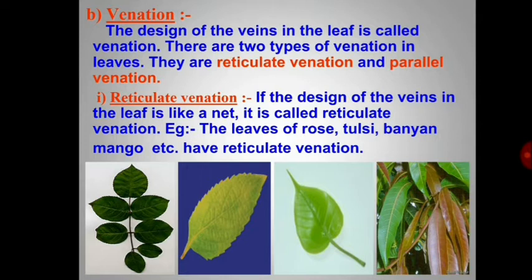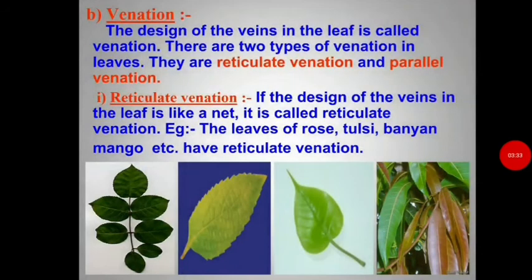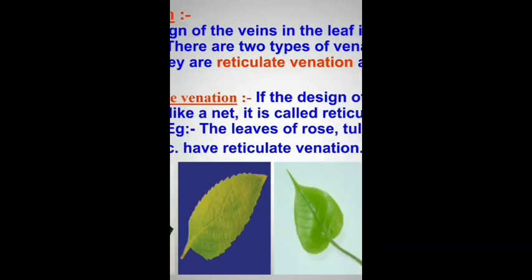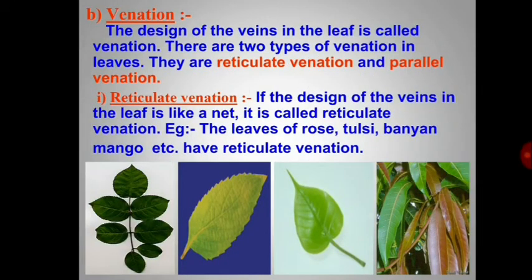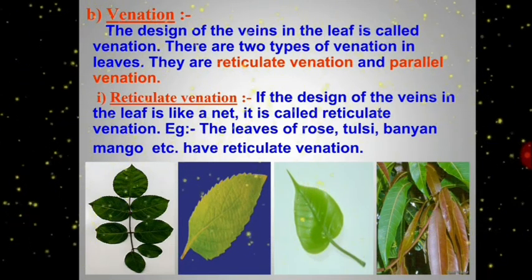If you see these pictures of leaves, you will see the design or pattern of the veins in the leaf. It looks like the veins are spread along the leaf like a net, and this is called reticulate venation.